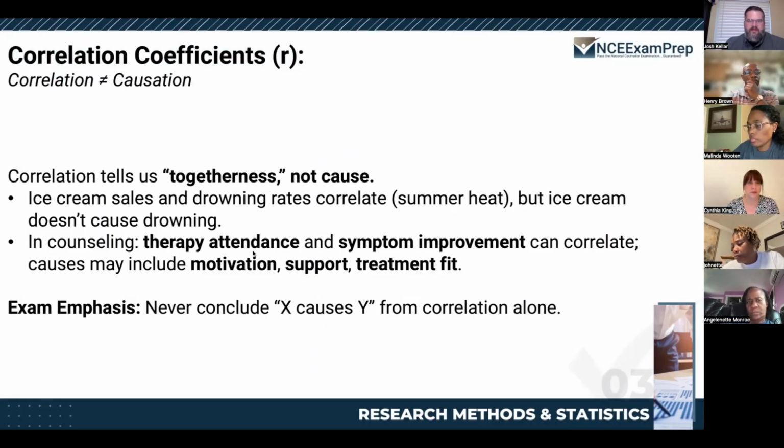In counseling, therapy attendance and symptom improvement can correlate, but the causes may include motivation, support, treatment fit, right? There's a lot of causes, even though we can say there's a correlation. Okay. So for the exam, never conclude X causes Y from correlation alone. There's a lot of other factors that have to be considered.